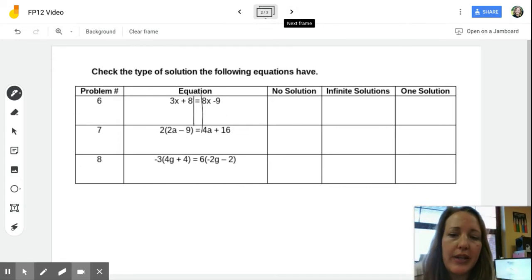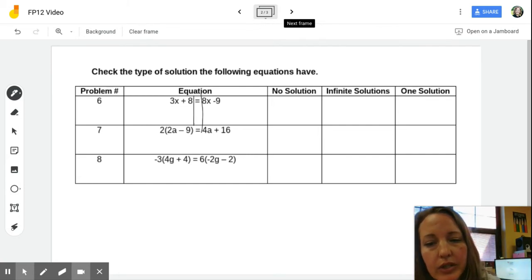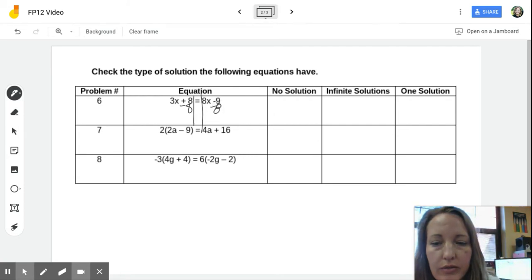In pre-algebra, we haven't solved equations with variables on both sides yet, but you are going to do that. I'll show you today. We're going to combine like terms, all right? So I'm going to subtract 8. That will bring this together over here.